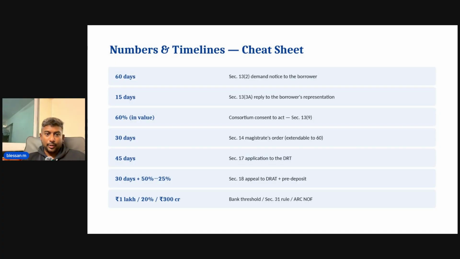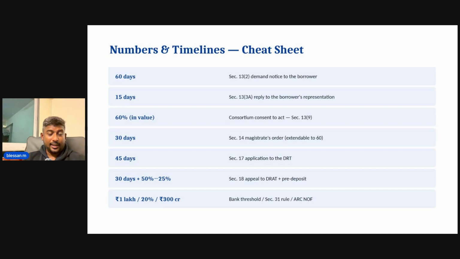I'm sorry, 300 crore is not a fine. Actually, the fine is 1 crore if the RBI's directions are not followed. 300 crore is the net owned fund required for ARCs to operate. So these are the capital requirements of ARCs. Previously I said 300 crore is for the fine, but it's not 300 crore, it's actually 1 crore.